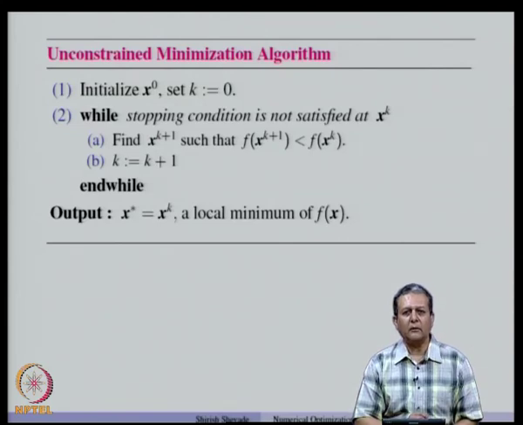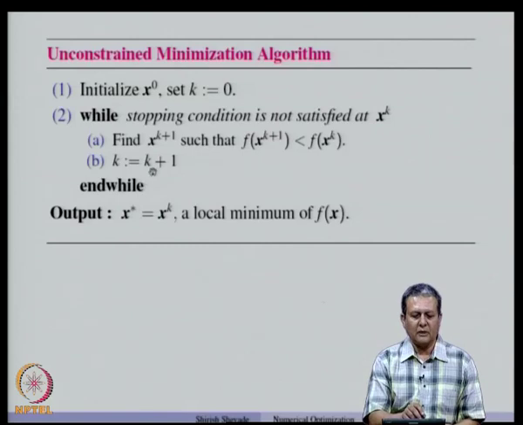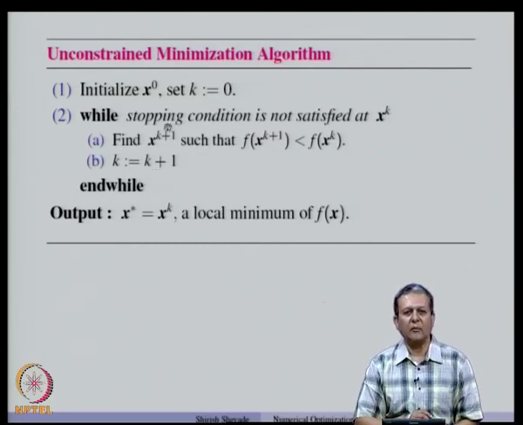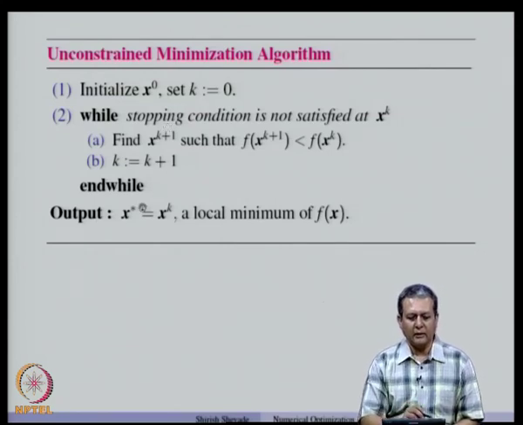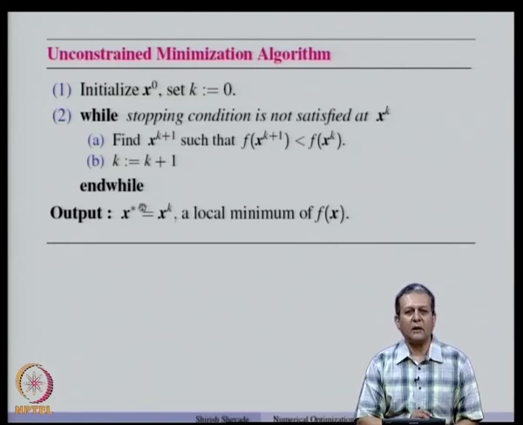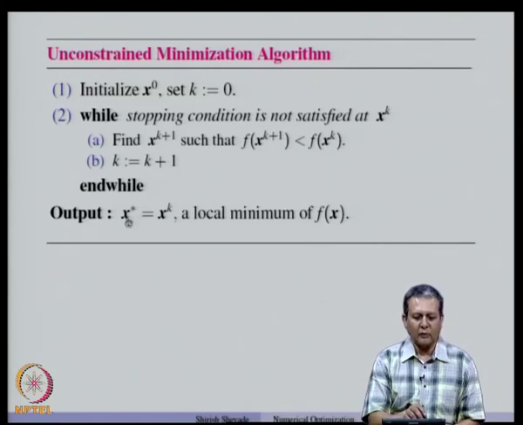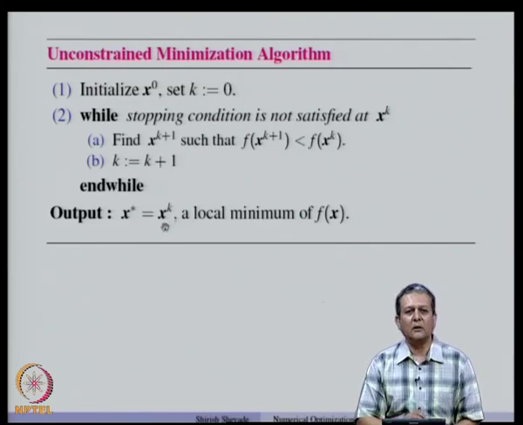After having found the new point x k plus 1, we just increment the iteration counter and check whether the stopping condition is satisfied at the new point, and the procedure is repeated till some stopping condition is satisfied at x k. What we expect to get is a point x star, which is nothing but the x k at the end of the last iteration, and that x star is expected to be a local minimum of f of x.